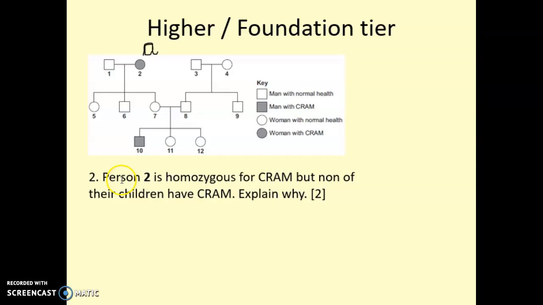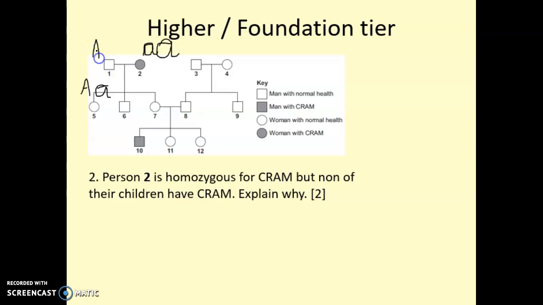In terms of question 2, it's telling me that person 2 is homozygous for CRAM, but none of their children have it. So although they are homozygous recessive, because they've got it, their children don't have it. That tells me that those children must all be heterozygotes, because they can only get the little a off the mum, but the dad must have given them the dominant allele.